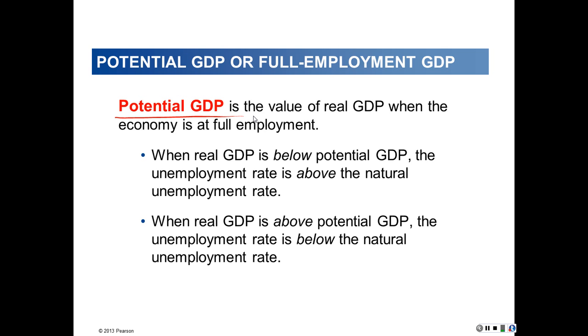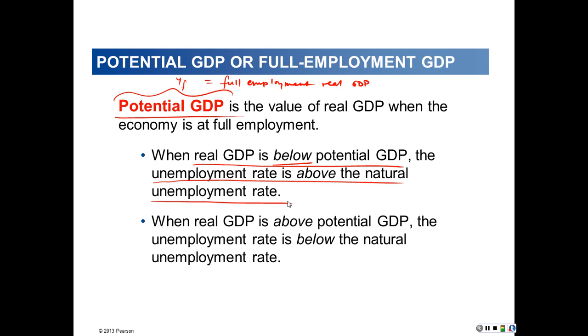When real GDP is below potential GDP, let's call potential GDP Y sub F, another name for this is full employment real GDP. So when actual real GDP is below potential GDP, what must be true? Well, this must mean that the unemployment rate is above the natural unemployment rate. Why is that?